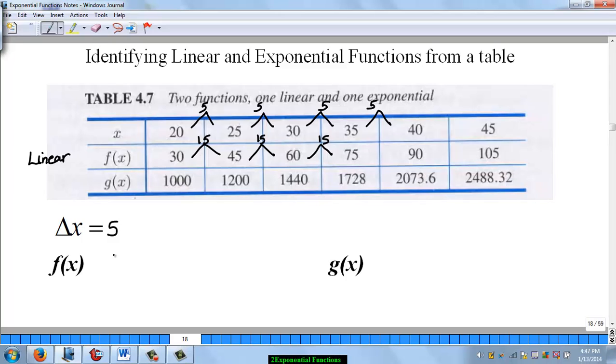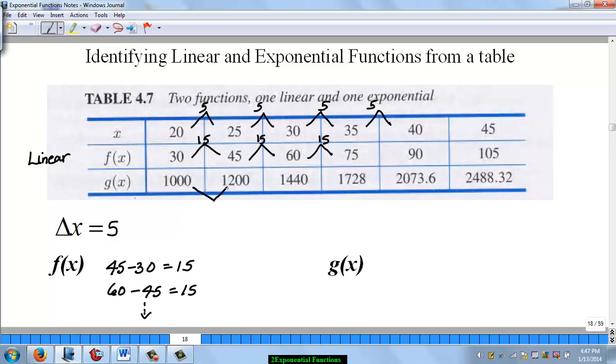So my slope is really 15 over 5 or 3 each time. Okay? So if you'll notice, if I do 45 minus 30, I get 15. Then if I do 60 minus 45, I get 15. And so on and so forth. It could keep going. So this looks like it's constant. So that could be a linear function. We're not finding the formula, we're just determining if it's linear. Let's look at g of x.